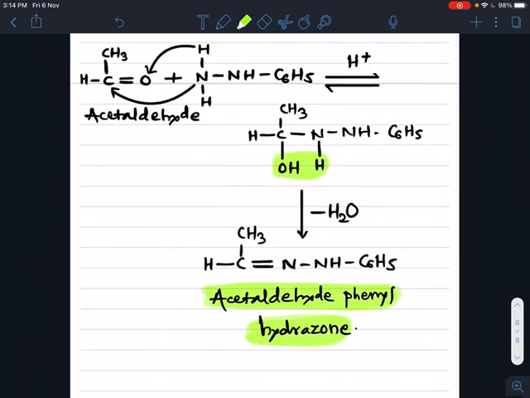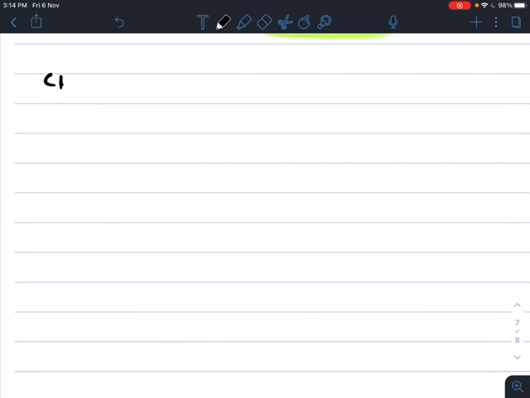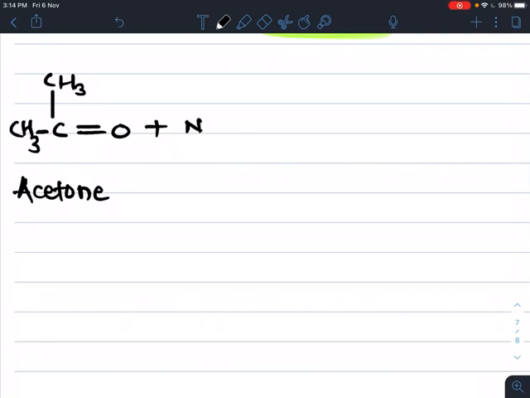Now if we take an example of a ketone, the first member of ketone is acetone, CH3COCH3. When acetone is treated with phenylhydrazine, the formula of phenylhydrazine is NH2NHC6H5.